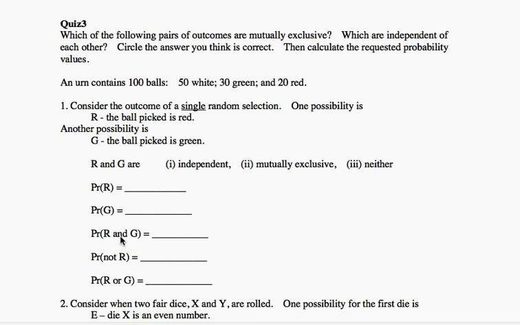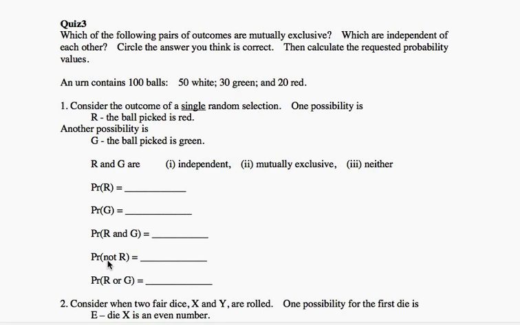What you're saying is you make one single draw. R and G. Can you get a red and a green ball at the same time for one draw? No, that's impossible. So if you just blindly went about multiplying these because you think they're independent, that would be wrong. The probability here is 0 out of 100. Why? Because you can never have red and green at the same time. So this one's just 0. A little tricky, but it's a conceptual question.